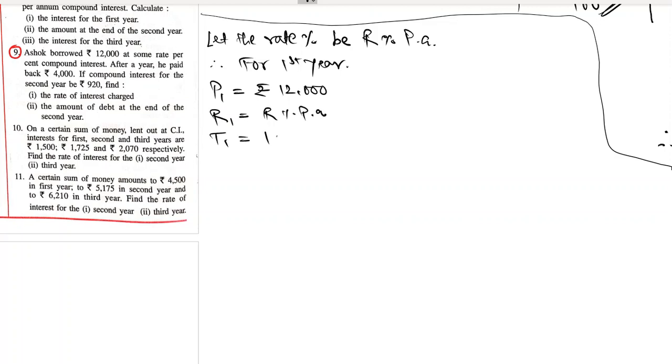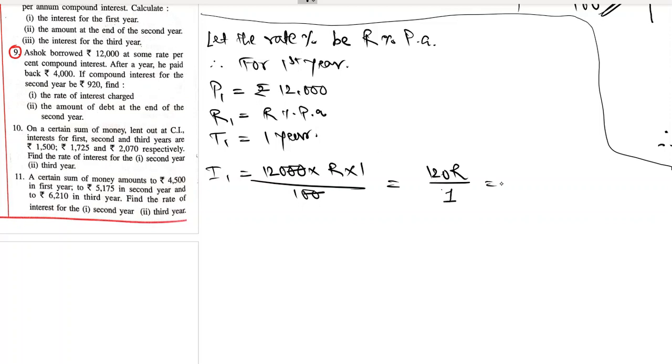T1 is equal to 1 year, and I1 will be 12,000 into R into 1 upon 100. So that is 120 R. This is the I1.